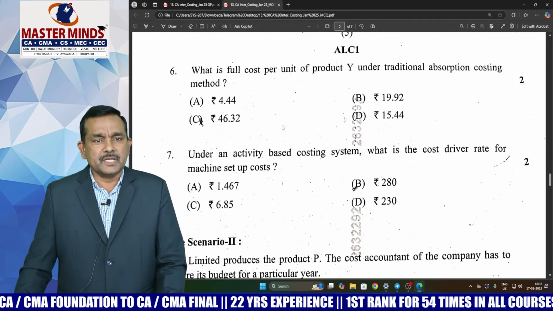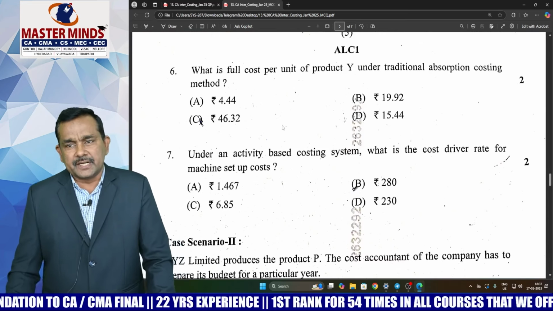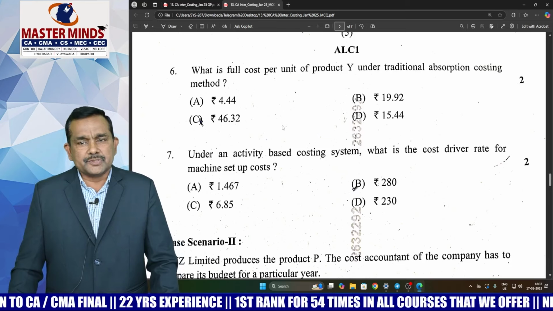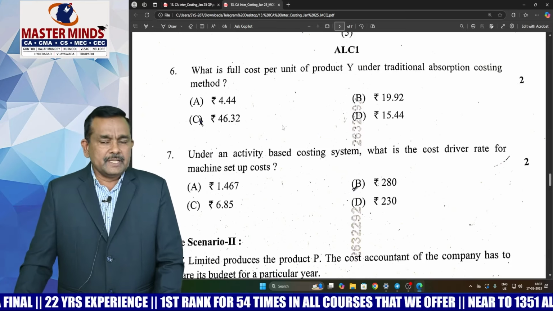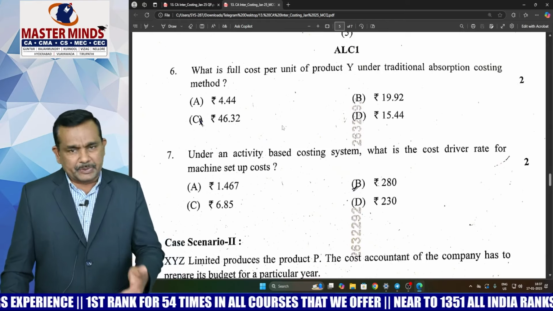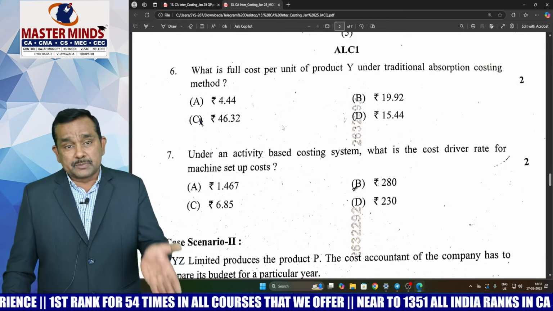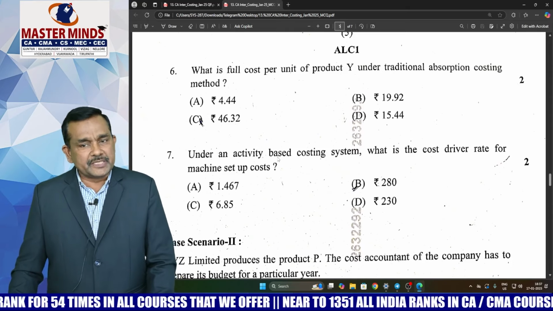under the absorption costing method, sir. So what is the full cost per unit of product Y under the traditional absorption costing method? First of all, calculate the rate under the absorption costing method, then calculate the cost per unit: material cost per unit, labor cost per unit, next absorbed overhead cost per unit, add them, we get the full cost per unit, sir.